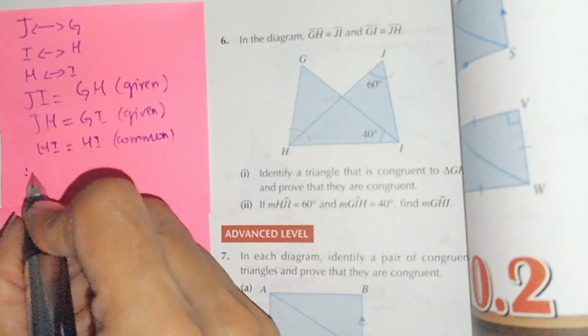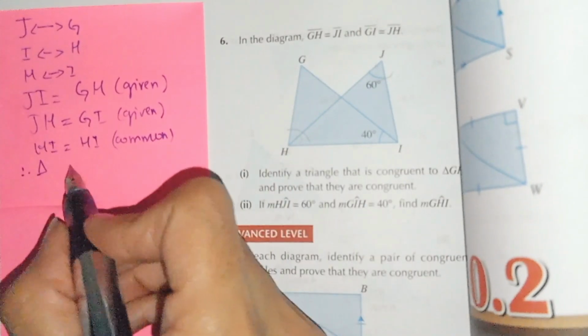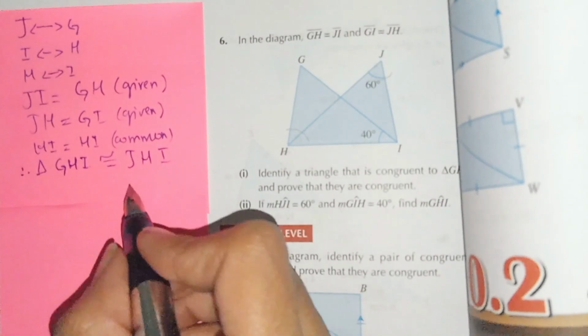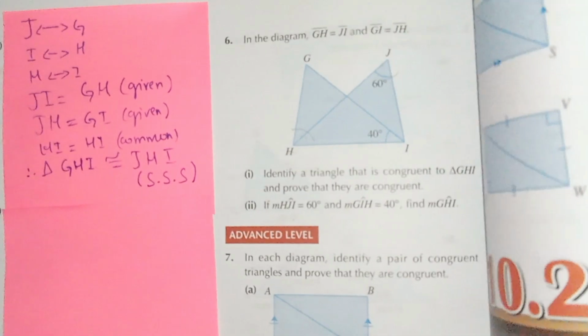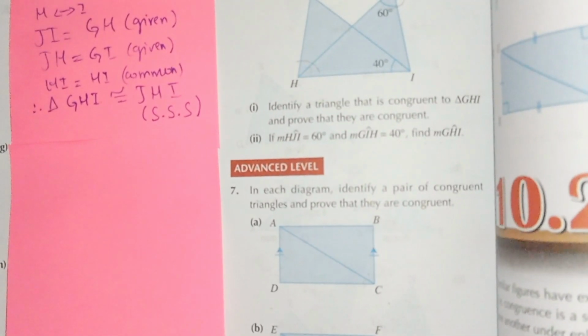Hence therefore triangle GHI is congruent to triangle JHI, because of the side side side congruency test.